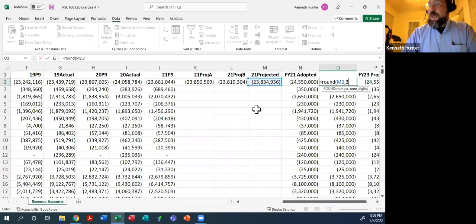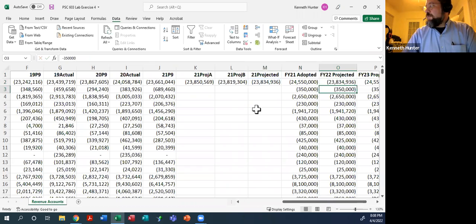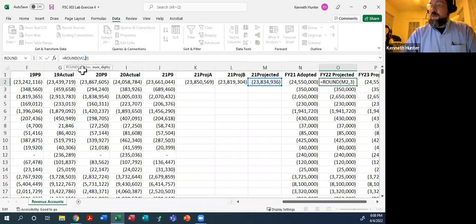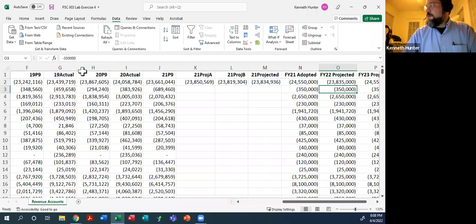I believe it's 3 for thousands. Could be -3. Yeah, there we go, -3. So ROUND(M2, -3) rounds it to the nearest 1,000. And that's what I want to do with most of these revenues, okay?